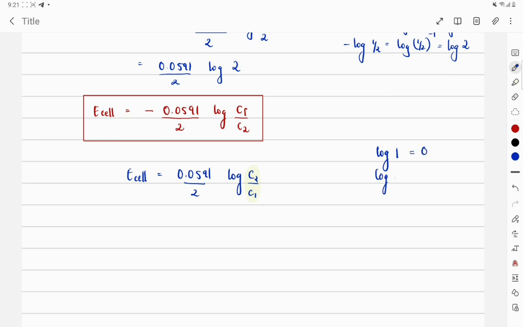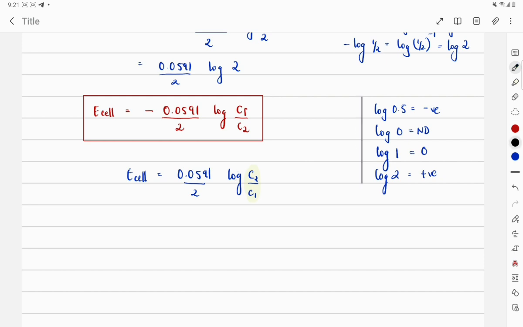Log of any value greater than 1 will be a positive number, say like 2 will be a positive number. Log of 0 is not defined. And log of any number less than 1, say like 0.5, will be a negative value.